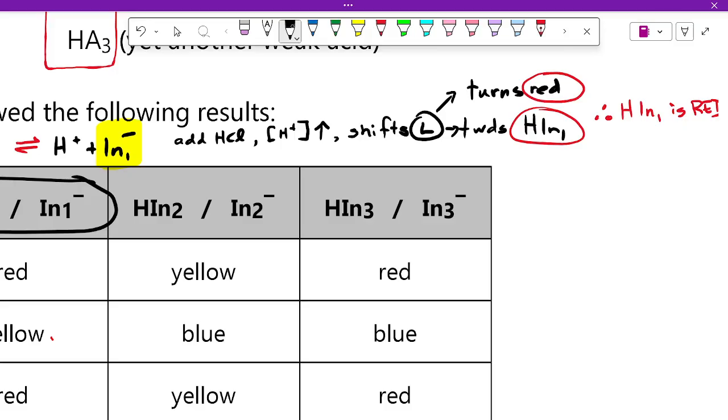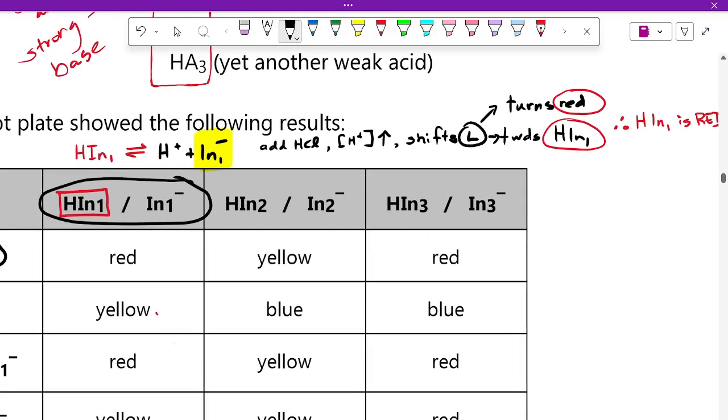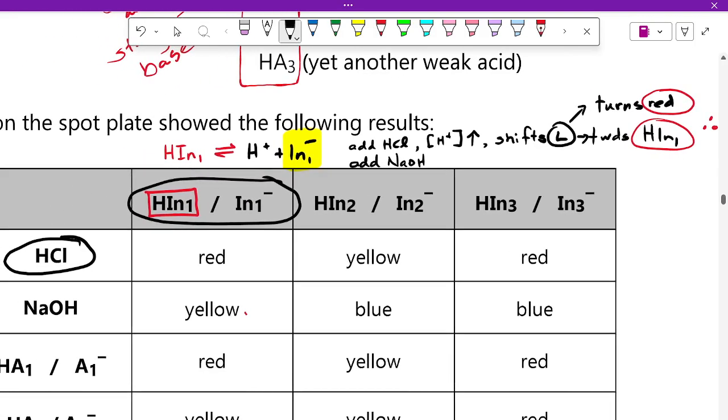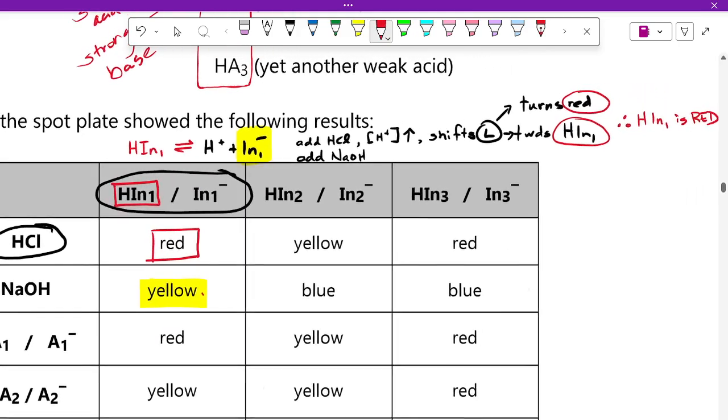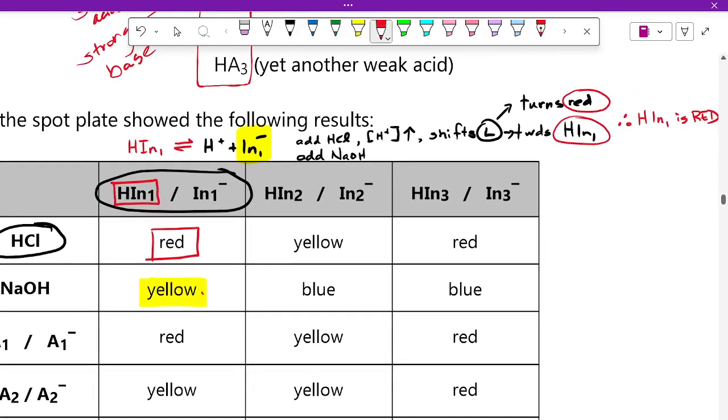Now, what if we add OH minus? NaOH, which is what we do in the next little spot. Here it's yellow. This one was red. If we add NaOH, it's going to turn yellow.